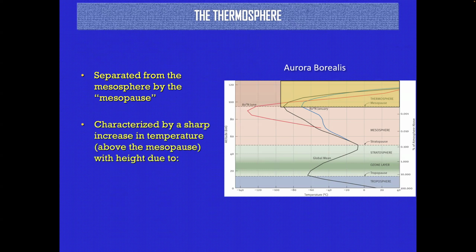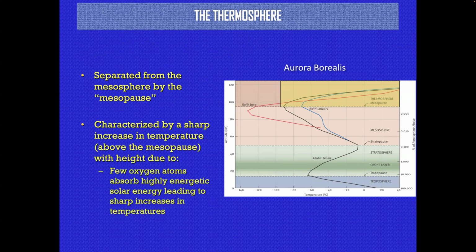Again, this is characterized by a sharp increase in temperature with height. And that increase is due to there being so few oxygen atoms to absorb highly energetic energy that the temperatures just rise up.